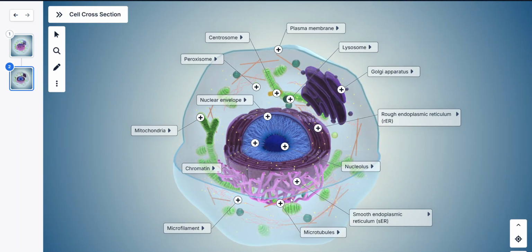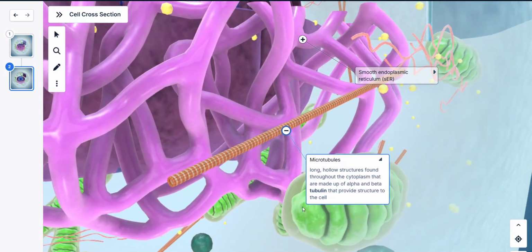Okay, then we have microtubules, long hollow structures found throughout the cytoplasm that are made of alpha and beta tubulin that provide the structure to the cell.